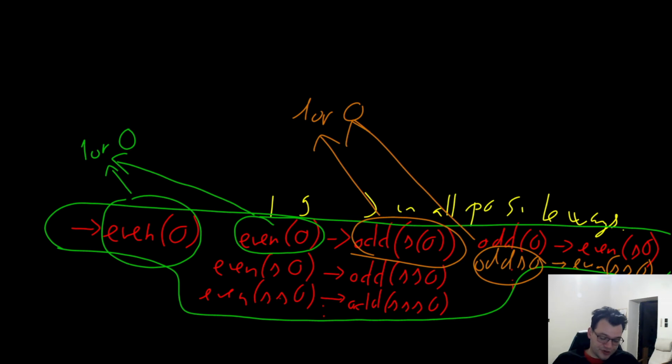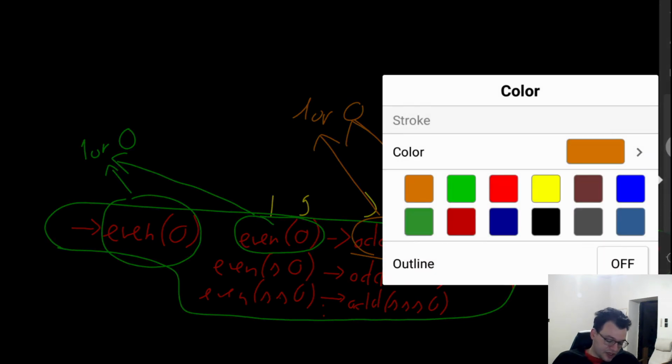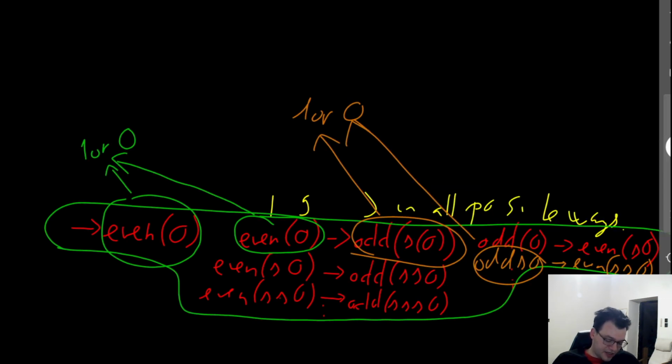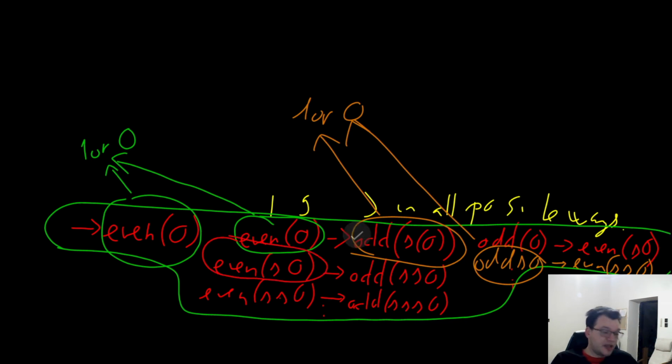And of course, again, there is another guy, say the even of s of 0. This is a different predicate regarding the same object as the previous one.